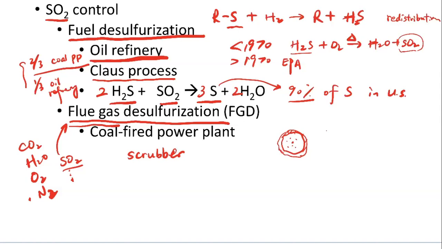So when we talk about the PM control, we mentioned that there's also a system called the particle scrubber. So if you remember, there's a device that's similar to the cyclone where the particles move inside, but you also have a nozzle to spray water outside, right? So basically the water droplet can get in contact with the PM, make it larger, right?